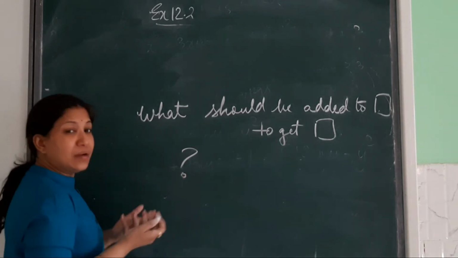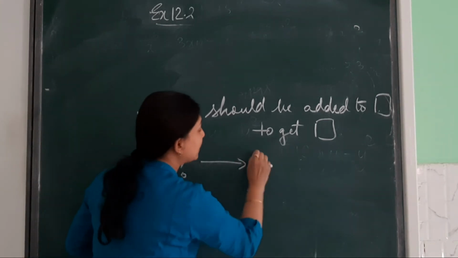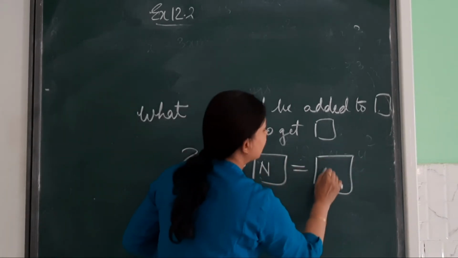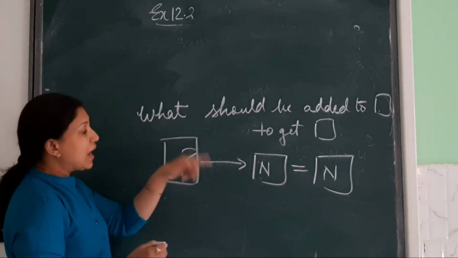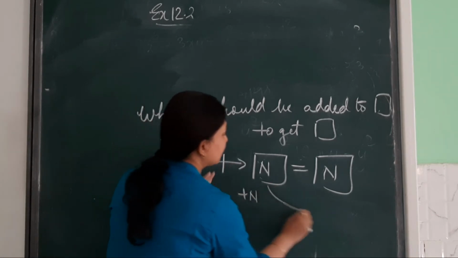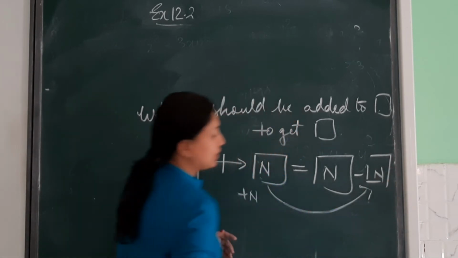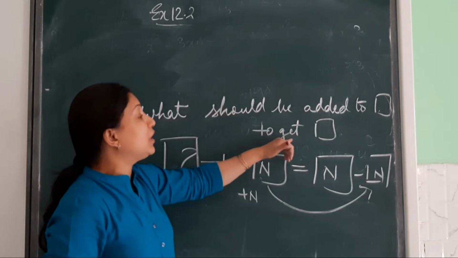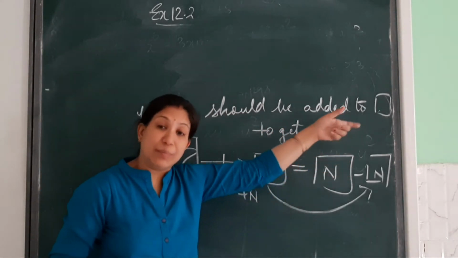What should be added? We don't know. To some number, to this number, to get some number or expression. So what is missing here? This, and adding means plus. So we will transpose plus to that side. So this will become minus. Understood? So whenever it is what should be added to something to get something, you subtract it.